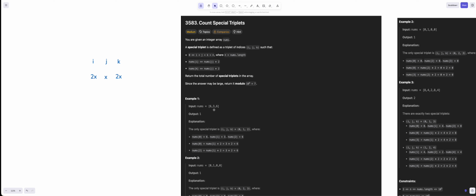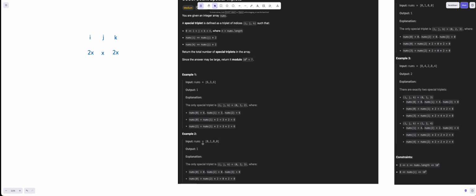If you multiply 3 by 2, that becomes 6 and 6, and then we can find the only one triplet. That is the reason why the output is 1 here. For example 2, we're given 0, 1, 1, 0, 1, 0, 0.